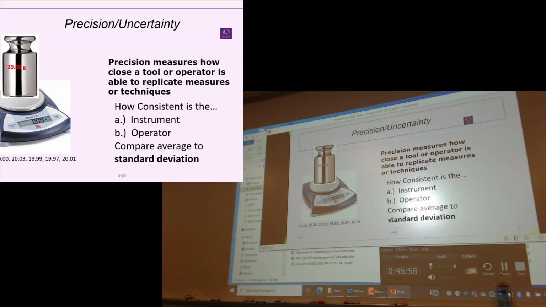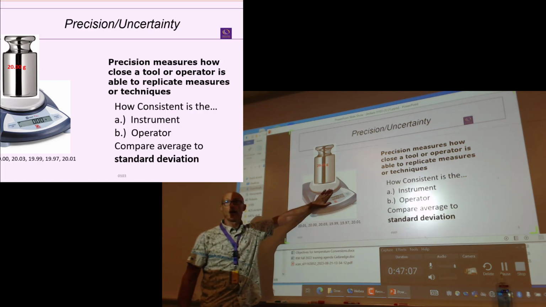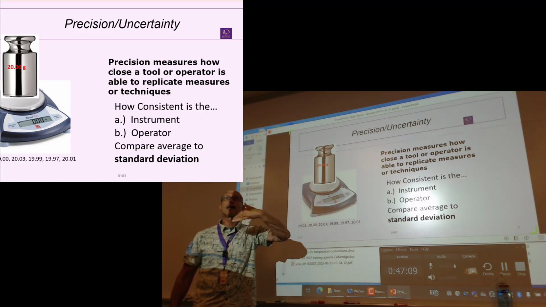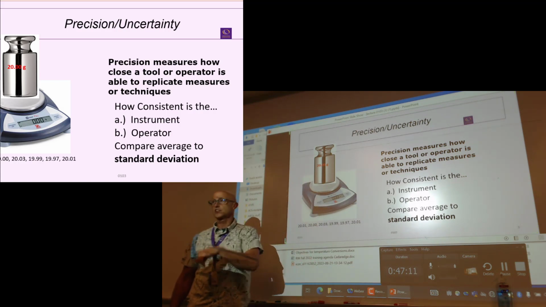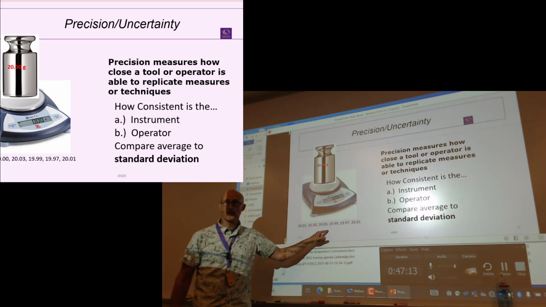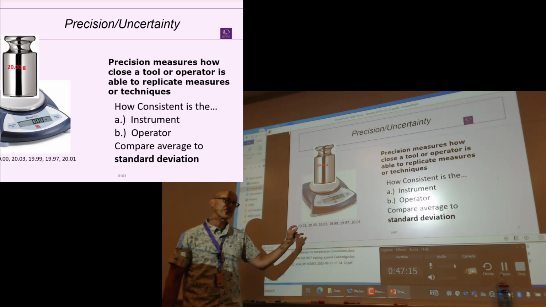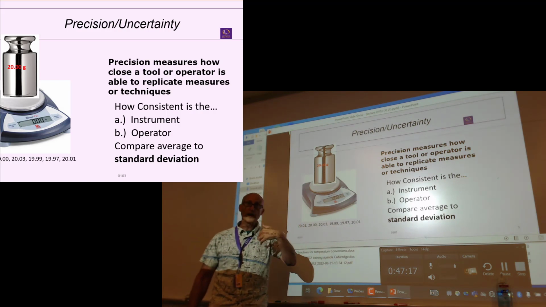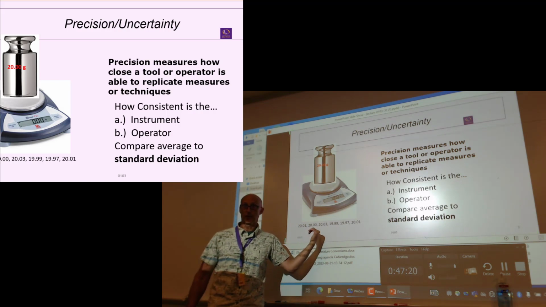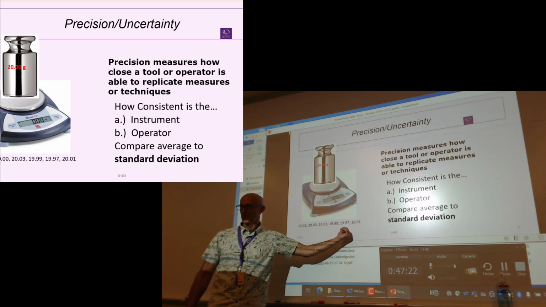This tool is good for the hundredths. Follow? Now, in science, we pick up a scale, we can communicate how precise it is by how we write the number, just a single number. We don't have to do this exercise and then say, oh, it's 20 plus or minus 0.05, which is true here, right? Follow?